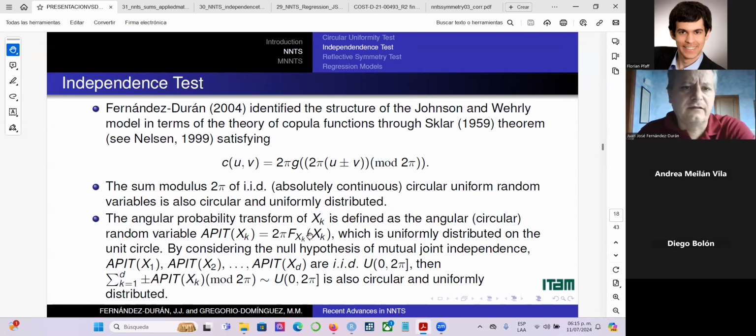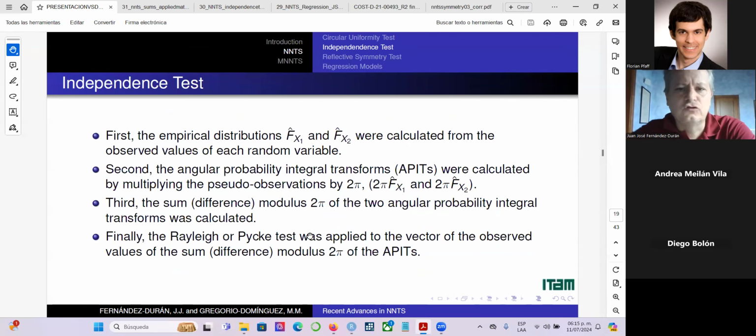Of course, we know that in the circular case, the sum of two independent circular uniform random variables is again a uniform random variable, and that's the idea of the test: take the empirical angular probability integral transforms, calculate the sum or difference of them, and test if they are uniformly distributed.